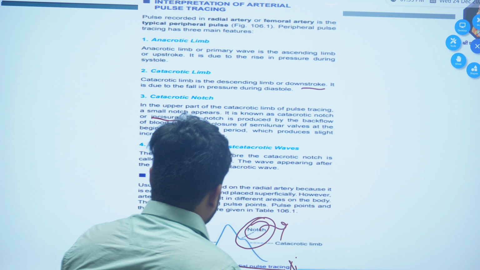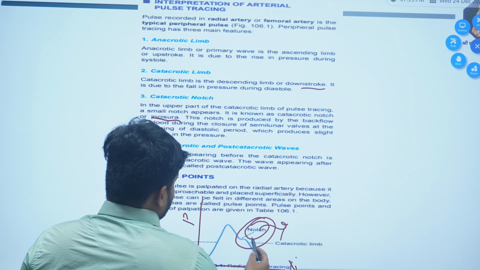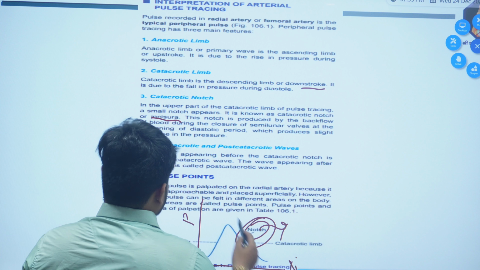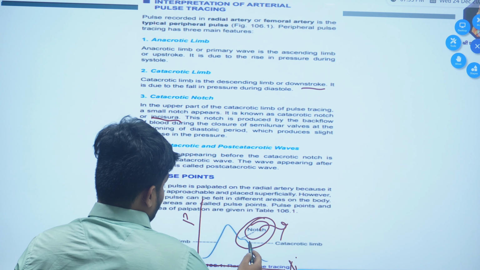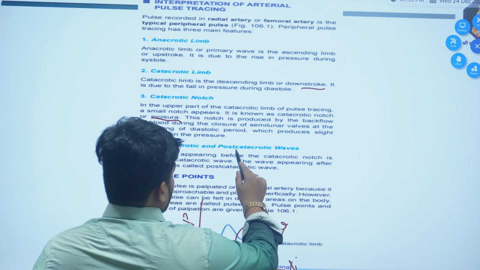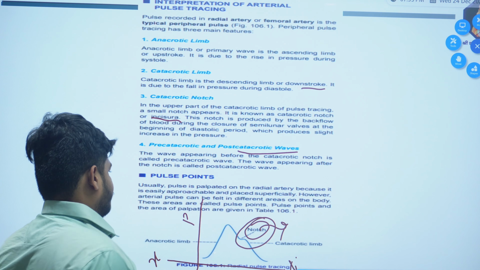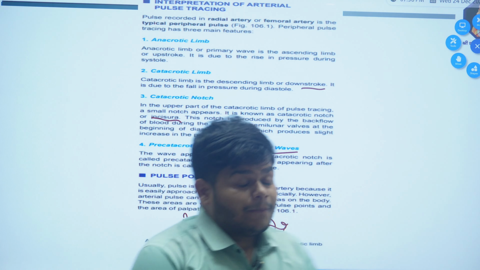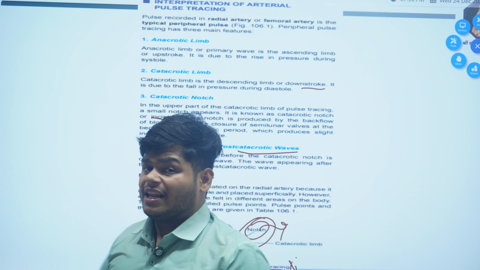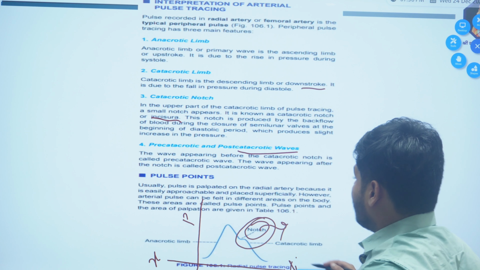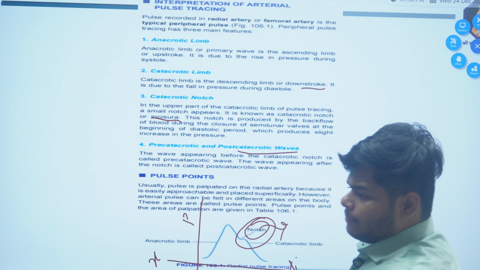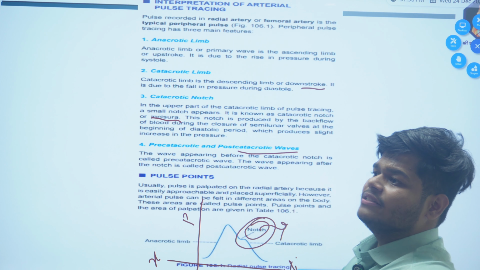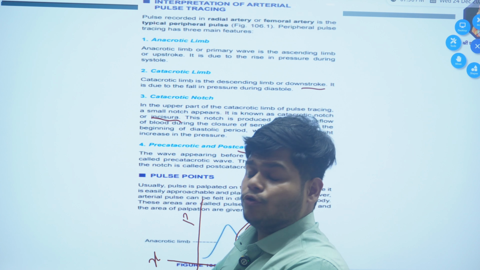Now the phase before the notch is called the pre-catacrotic wave, and after the notch is called the post-catacrotic wave. Usually the pulse is palpated on the radial artery, right? Because it is easily approachable, any physician can approach it.